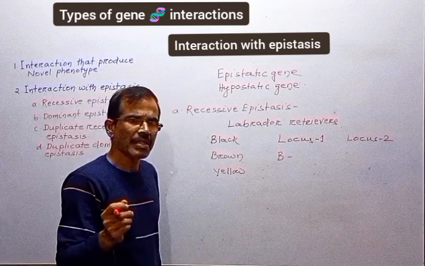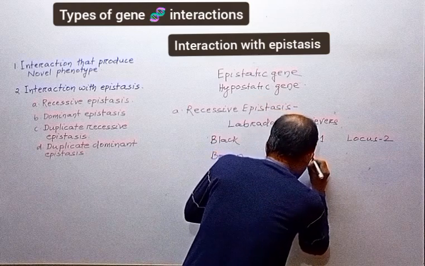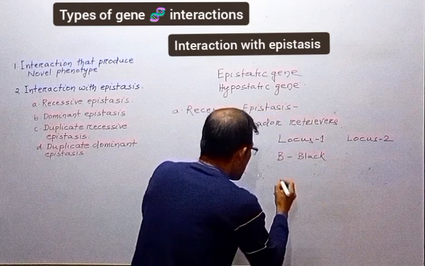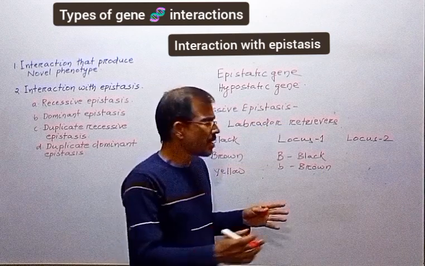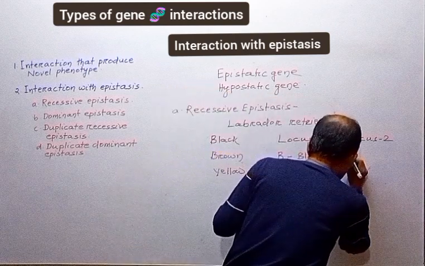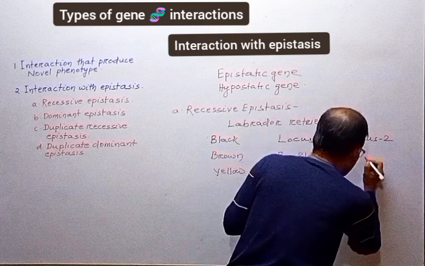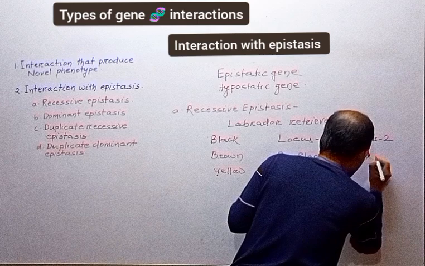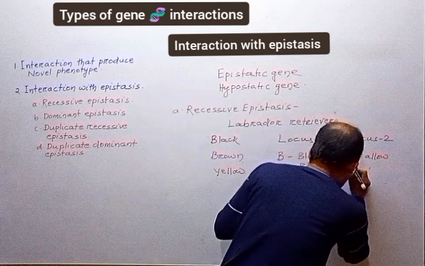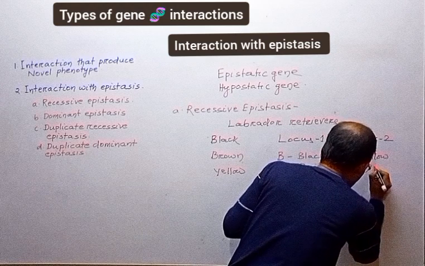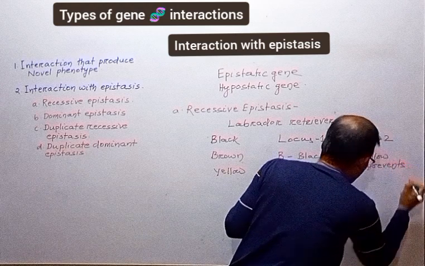Locus 1 has the dominant allele that encodes black pigment and its recessive allele brown. In the second locus, the dominant allele allows the deposition of dark pigments, black or brown, in the hair shaft, and its recessive allele prevents the deposition of pigments. As a result, coat becomes yellow.